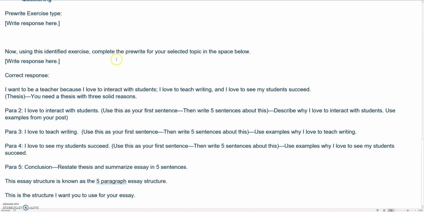So here you will write before the thesis: ever since I was young, I've always wanted to be a teacher. I used to play pretend, and all my friends would be my pretend students. They would raise their hands, and I loved being in the spotlight. Later, when I was in college, I helped my college roommates with their essays, and I realized I was pretty good at correcting essays.